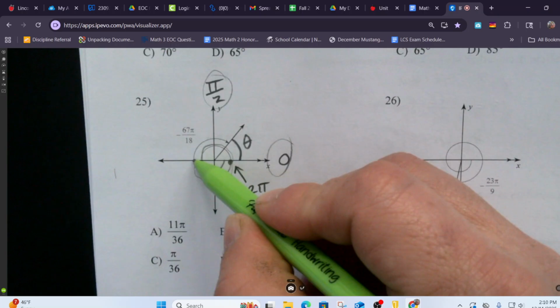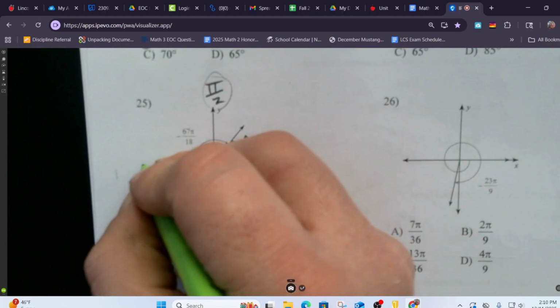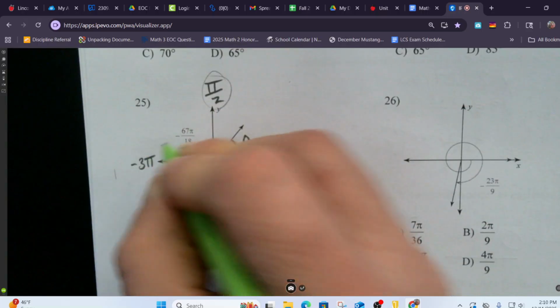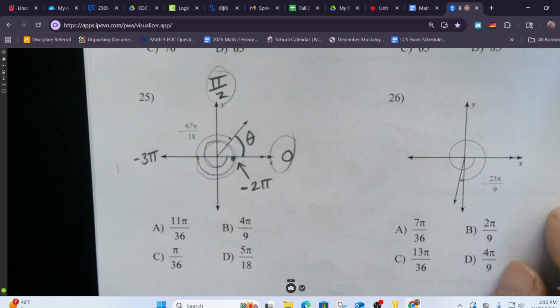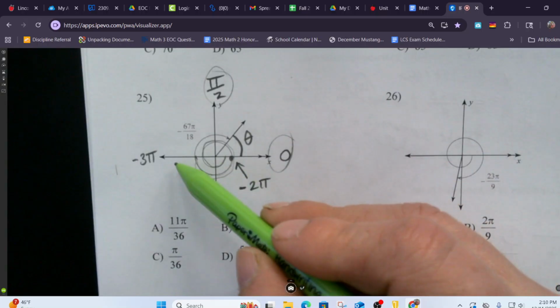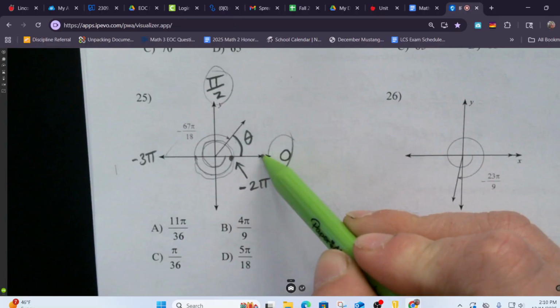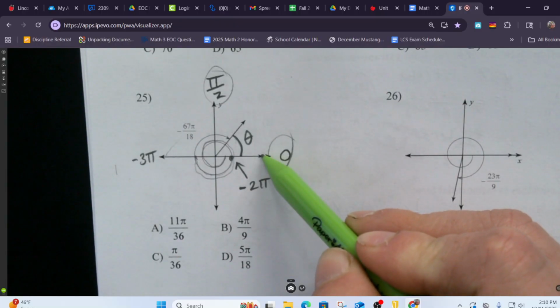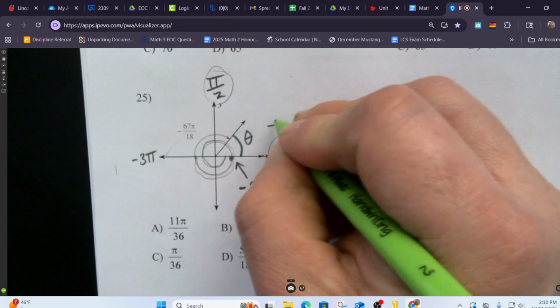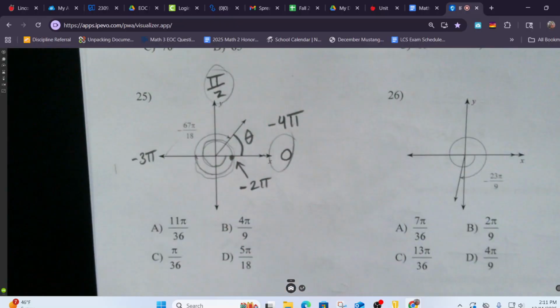If I go another half round, that's negative 3 pi, right? Now, guys, does everybody understand if I go back around, how many pi's is that going to be? Negative 4 pi.